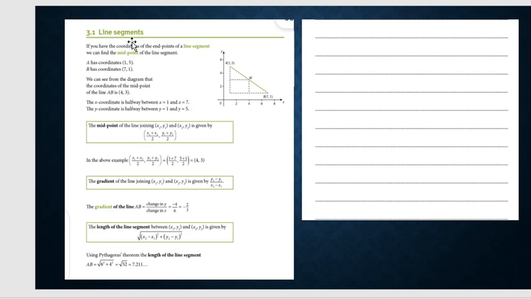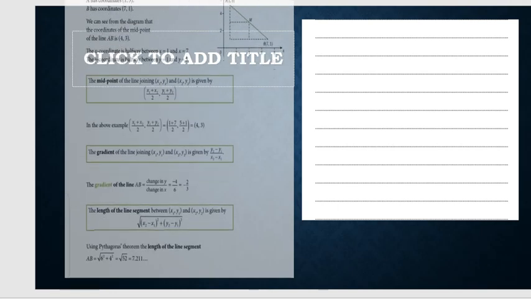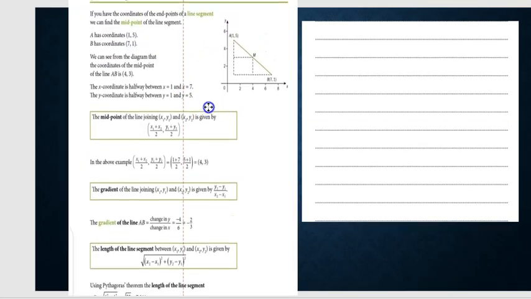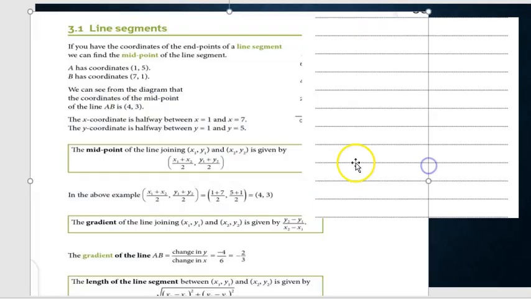So look at this line that we have. Let me try to enlarge that so that you can see that line. If I enlarge this line, you can see that line.